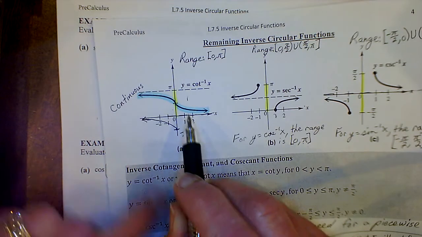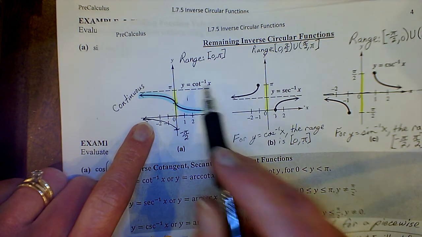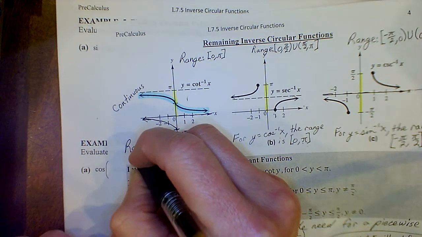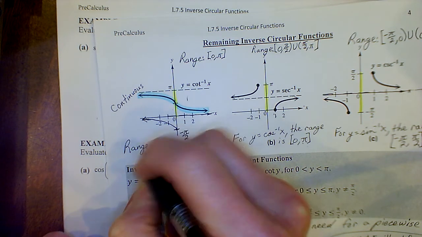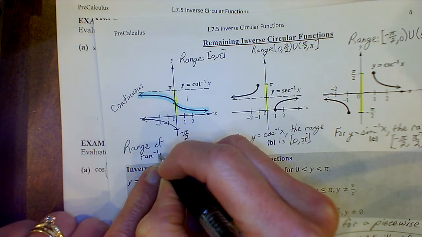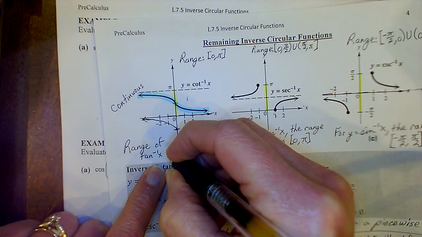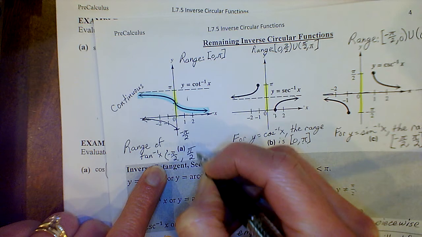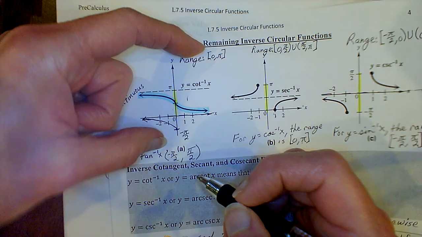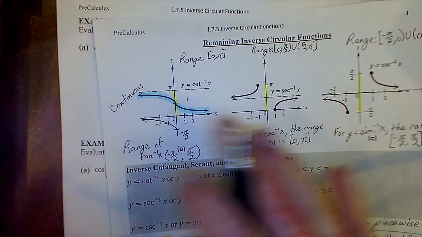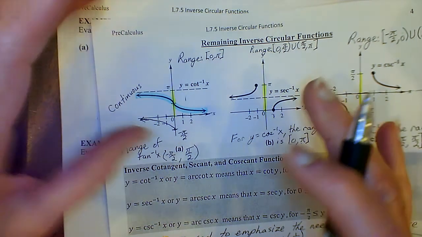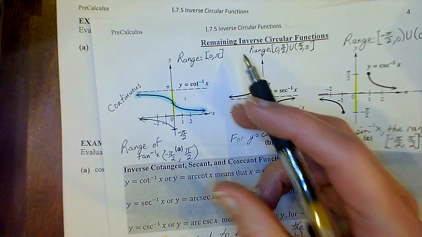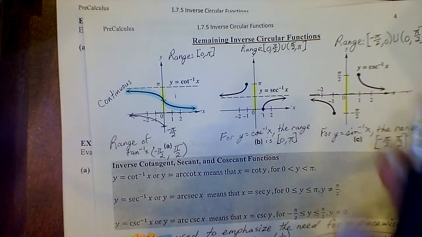On the other hand, when it comes to the inverse cotangent, the range is running from 0 to pi, and the range of the inverse tangent of x is going to be from negative pi over 2 to pi over 2. They do not have the same beginning and ending numbers at all.